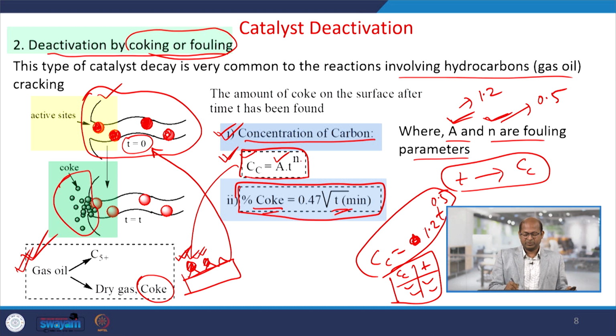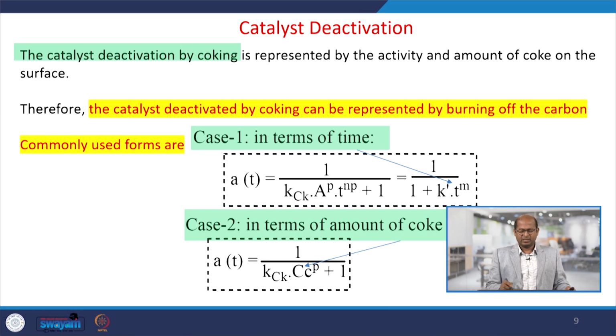The other constants here are A equals 0.4 and N equals 0.5 in this particular case. So, we can express coke either in the form of percentage or in terms of concentration. Okay. There are also some other correlations available depending upon the amount of coke deposited.